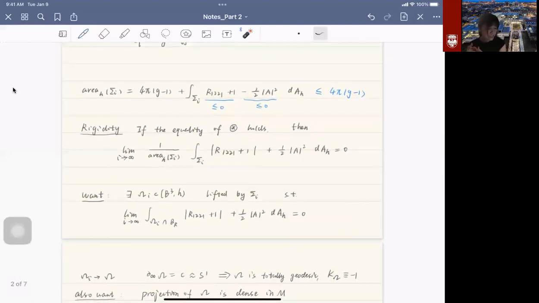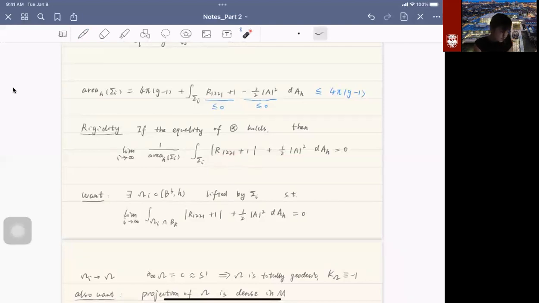But we also want to have that the total integral equal to 0, because if we have that result, we can consider the limit of the surfaces, and in the limit, both parts are equal to 0. So we are able to say the sectional curvature is equal to -1. It is hyperbolic, and it has 0 second fundamental form. So that's also totally geodesic. That's ideal.